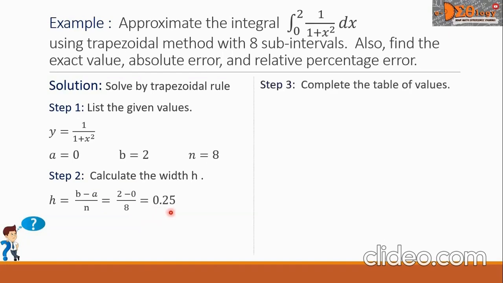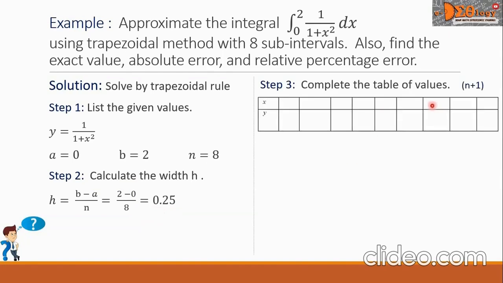Now step 3, we're going to complete the table of values. We have here a table with 2 rows. First row for x values, second row for y values. For the columns here, we're going to write n plus 1 number of columns.